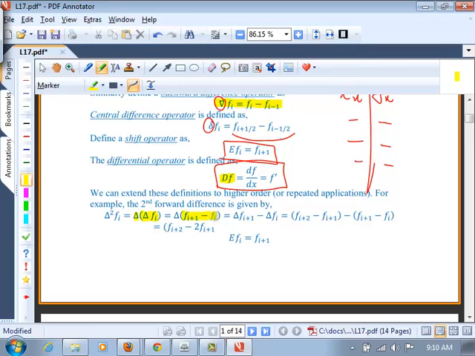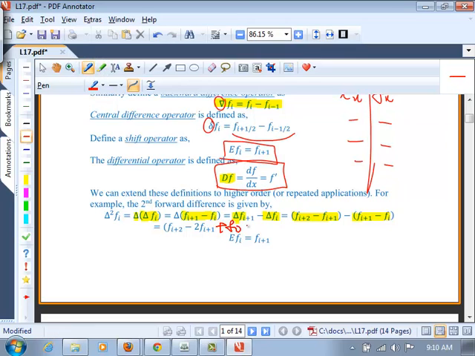Then I operate the delta on each one of them. Okay? And so now delta fi plus 1, according to the definition, will be fi plus 2 minus fi plus 1. And similarly, delta fi will be fi plus 1 minus fi. I can combine those two and write it as fi plus 2 minus 2 fi plus 1 plus fi. I think there's something missing there. Okay? You should have a plus fi.